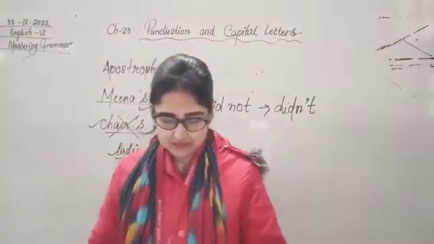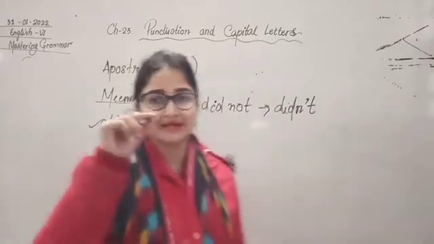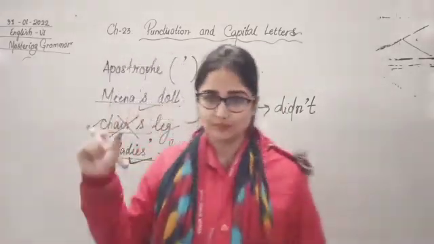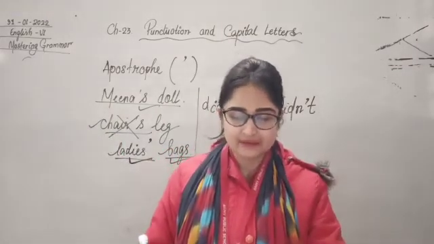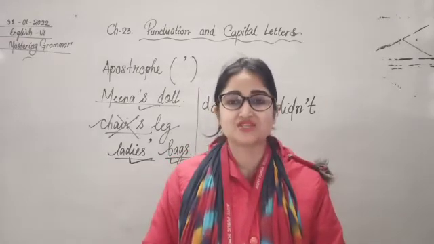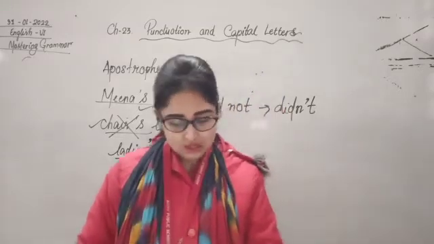Yes, didn't. Has not becomes hasn't, and you put the apostrophe right after N, in place of letter O. Now to form plurals of letters and figures, like there are 2 M's, we have 3 D's. Then there are 5 zeros in 1 lakh.